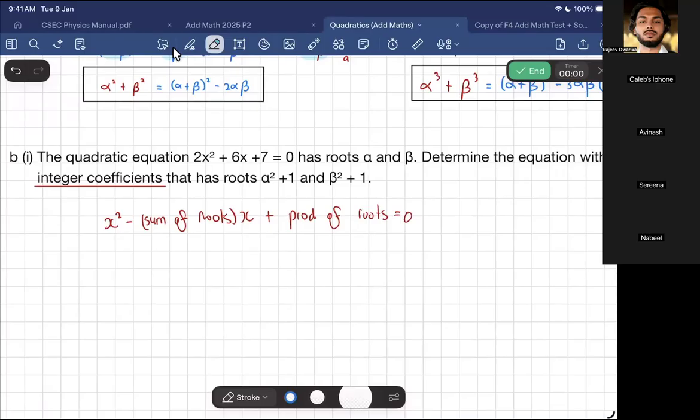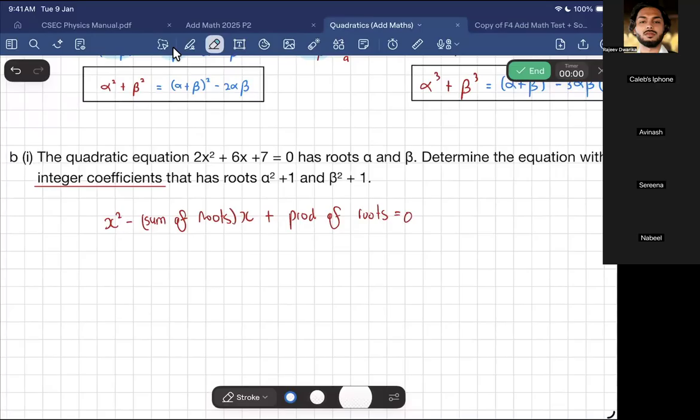After, well, alpha squared plus beta squared equals alpha plus beta squared minus 2 alpha beta. And now it's negative 3 squared. What is negative 3 squared? Be very careful.